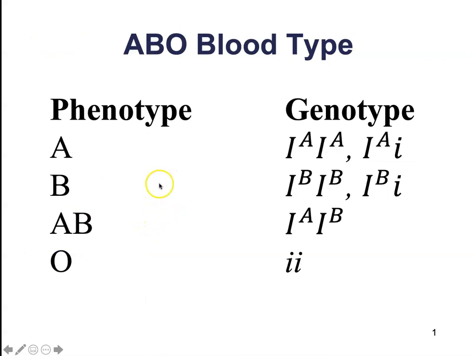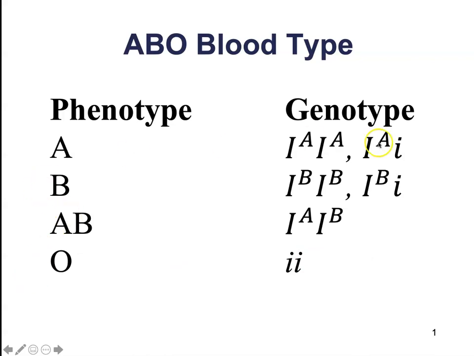So here's a great example of the phenotypes and genotypes, and I want to share this slide with you because I think it might be useful when you are going through your genetics lab examples, especially if you encounter any that deal with blood typing.